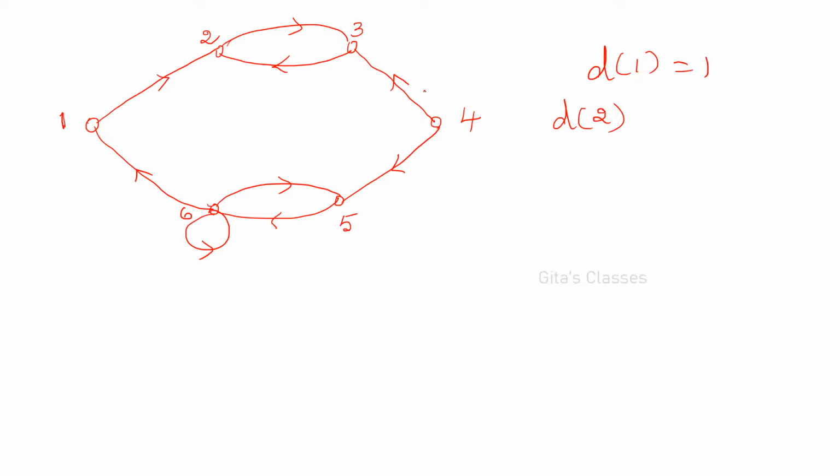So here for d of 2, there is only one possibility, from 2 to 3, then 3 to 2 only. So only one possibility, that is 2, right? What about d of 3?